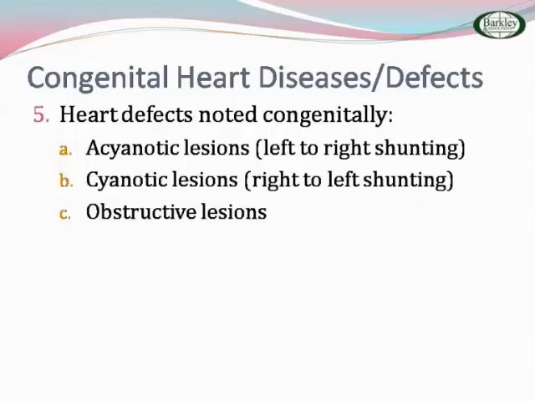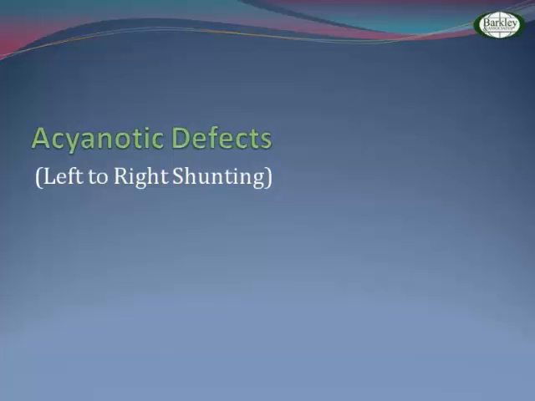Before I even go into this first one, can I just mention to you, there are some cyanotic conditions that are not compatible with life unless they make an acyanotic lesion. Does that make sense? Unless they go in and make what we call, it needs to be, it's septum dependent. So they got to go in and make an opening so they get a little bit of blood flowing in the right direction to pick up oxygen.